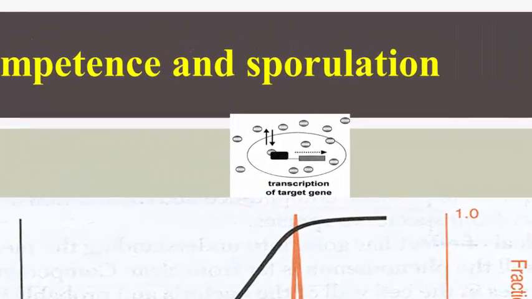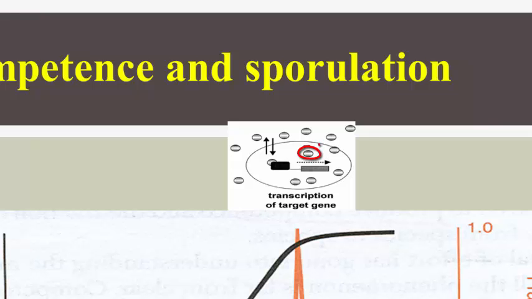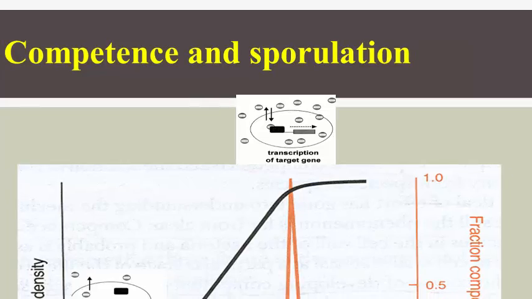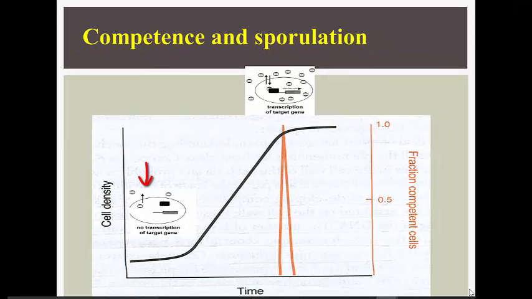They are regulated by oligopeptide pheromones secreted by the cells into the extracellular medium. At low cell densities, very little oligopeptide pheromone is secreted, therefore there is no transcription of competence or sporulation genes. At high densities, high concentrations of oligopeptide pheromones are secreted, which trigger transcription of competence or sporulation genes.